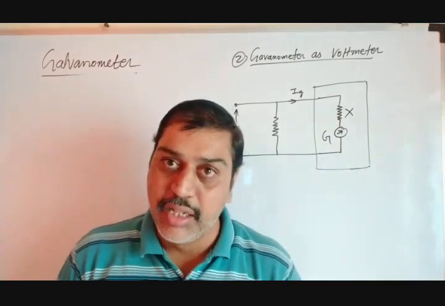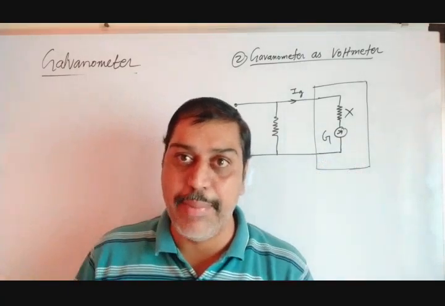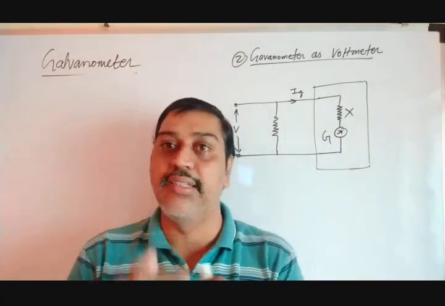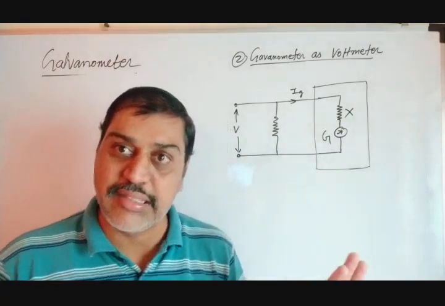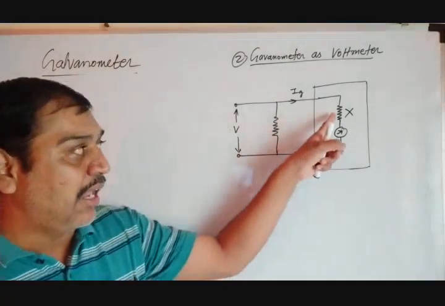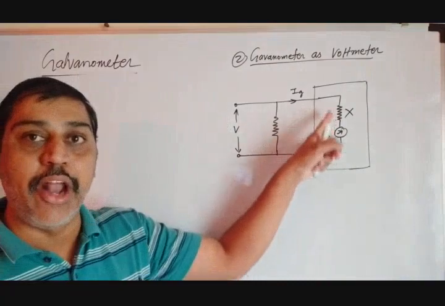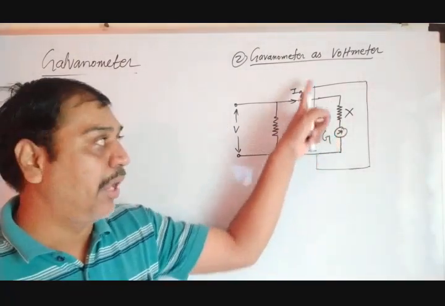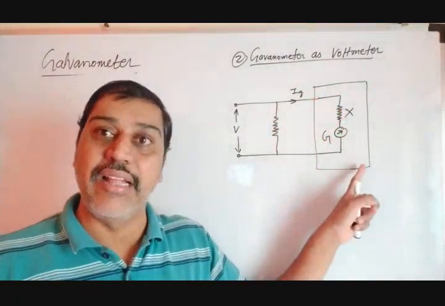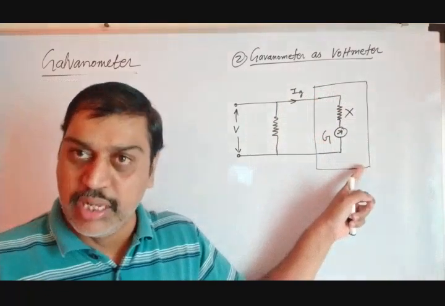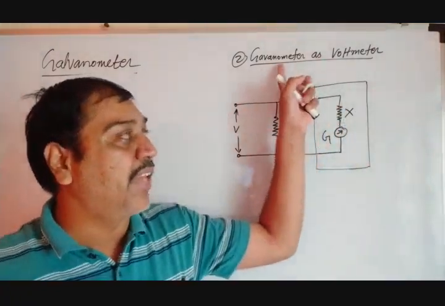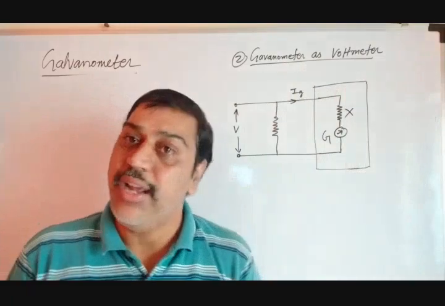How can we do that? We decreased the resistance in the case of the ammeter by connecting a parallel resistance. In this case, we want to increase the resistance, so connect a resistance in series with the galvanometer. The resultant resistance of the galvanometer is increased; it is not infinite, but it is more. And once it is more, we can use the same instrument, the galvanometer, as a voltmeter.